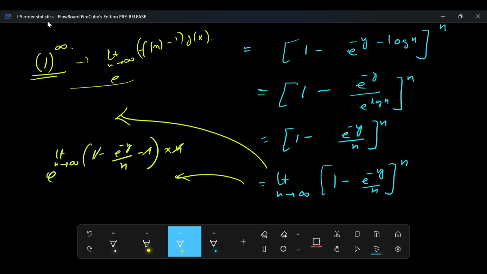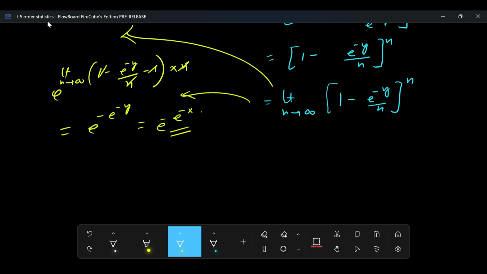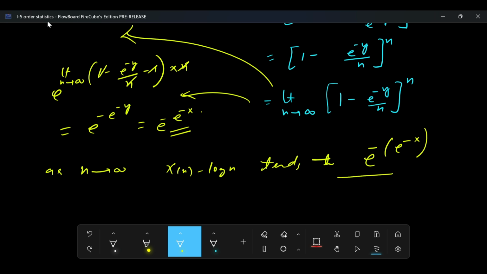So this and this go, and we are left with e raised power minus y. That is also equal to e raised power minus x. And this can be written as: as n tends to infinity, xn minus log n tends to e raised power minus x. Hence proved.